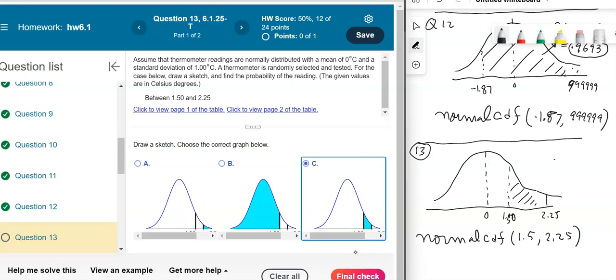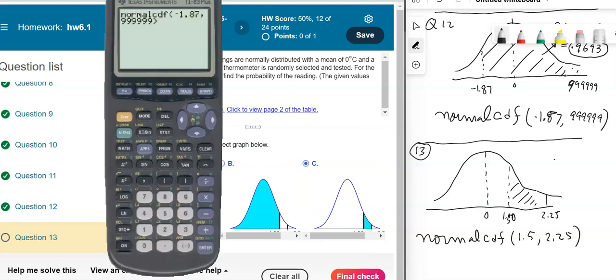Okay, so for the calculator, second bars, normal CDF, and then 1.5, comma 2.25. I get this area is 0.05458.